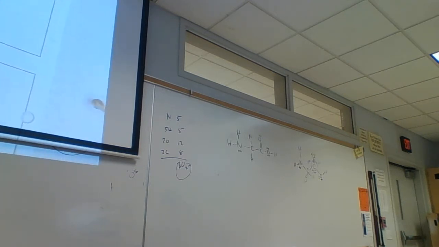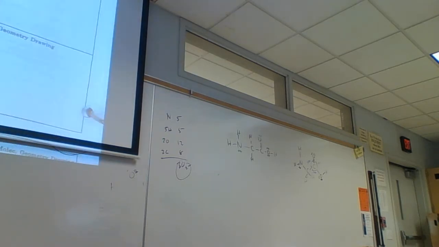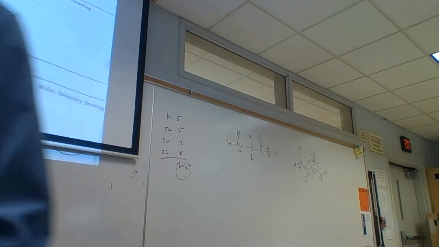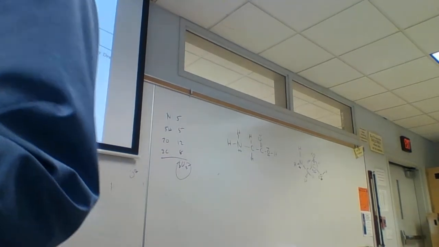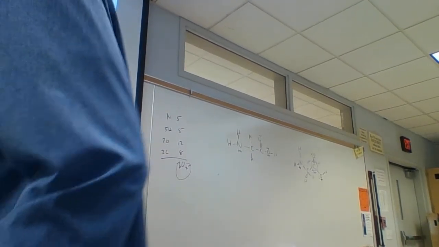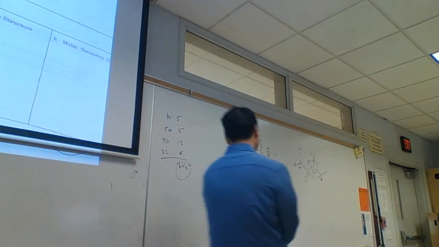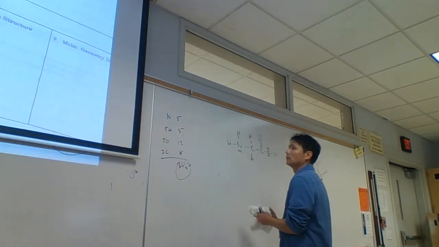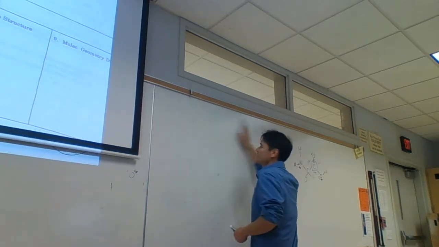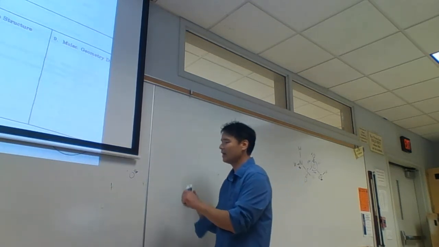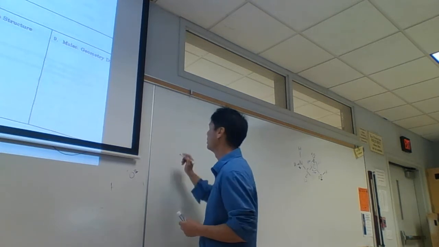Let's do carbonyl fluoride and then we'll do nitrite. COF2, carbonyl fluoride. So this is a simpler one, one we don't have to use a lot of extra knowledge to do.